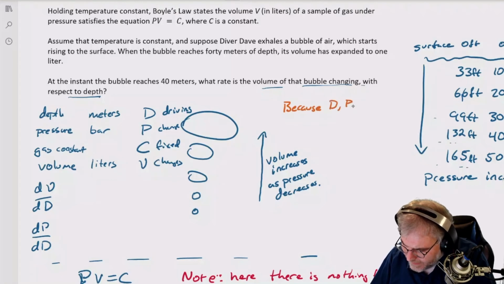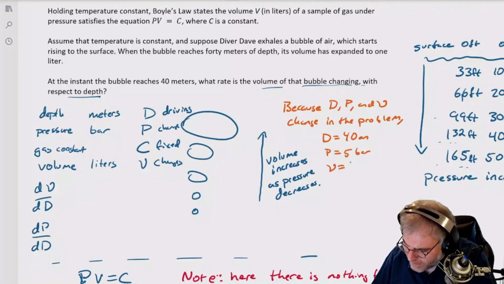D, P, and V change in the problem. D equals, what was it, 40 meters. P equals 5 bar. And V equals 1 liter is snapshot data.